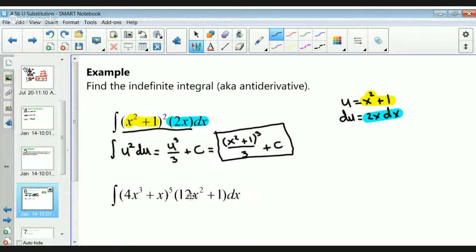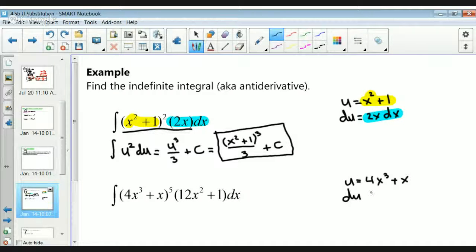Let's make this an easier expression, just like we did up here. So let's do a u substitution. What would be a good choice for u? A good choice for u would be 4x cubed plus x. Right, because its derivative is right here, right?